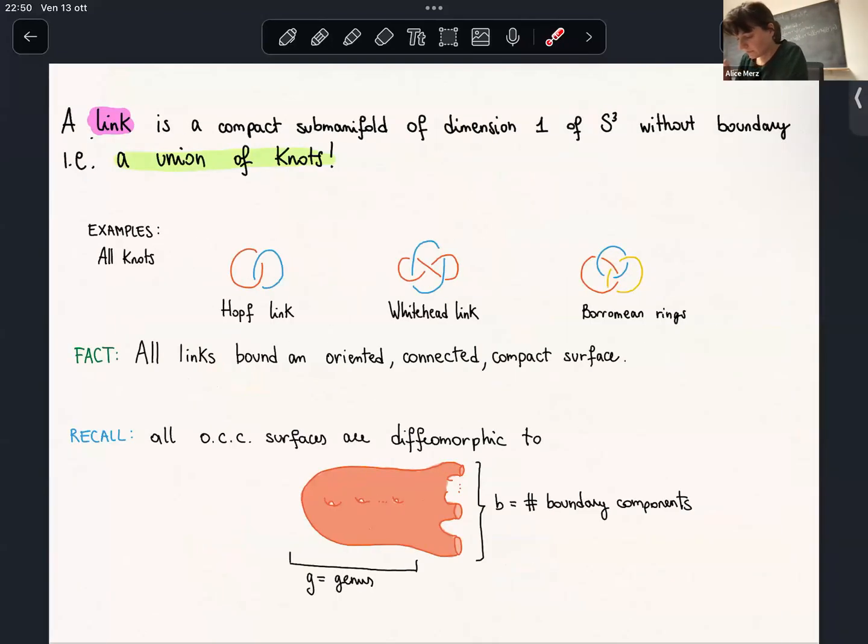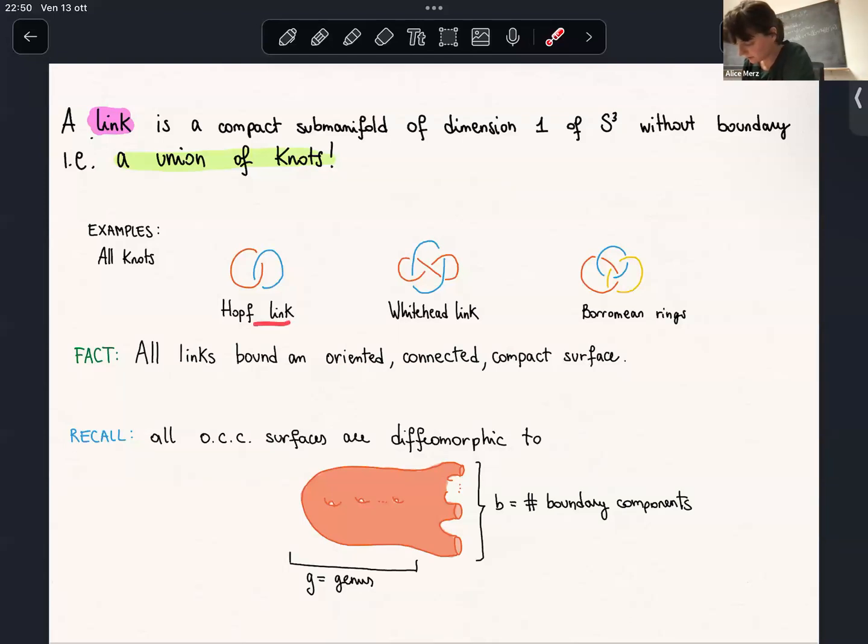The second definition we have to deal with is the one of a link. The formal definition is that a link is a compact submanifold of dimension 1 of S3 without boundary. So it's just a disjoint union of knots that can be linked together. Some examples are, of course, that all knots are links.